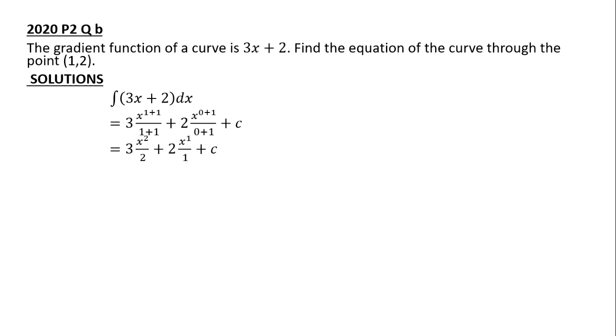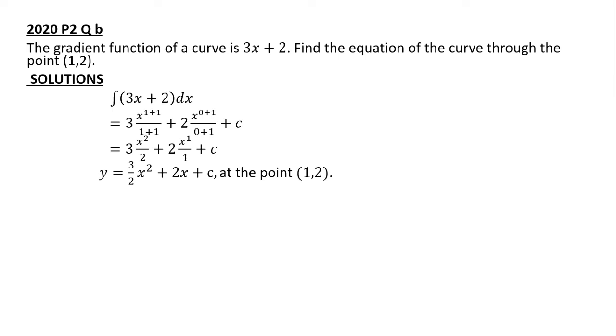So we are going to say 3x squared over 2 plus 2x to the power 1 over 1 plus c, which is going to give us 3 over 2 x squared plus 2x plus c. Now, since we have been given the point 1, 2, we can always find the value of our constant c by replacing a 2 where there's y and replacing a 1 where there's x.